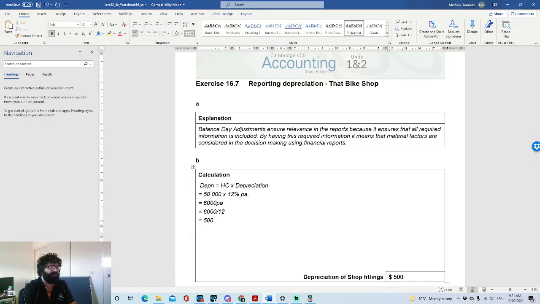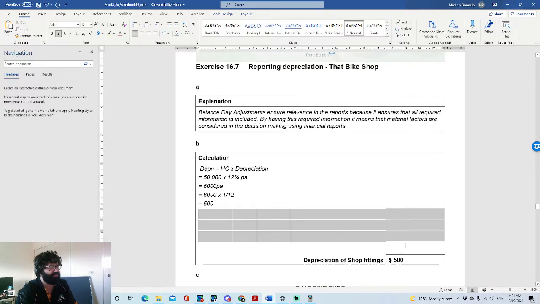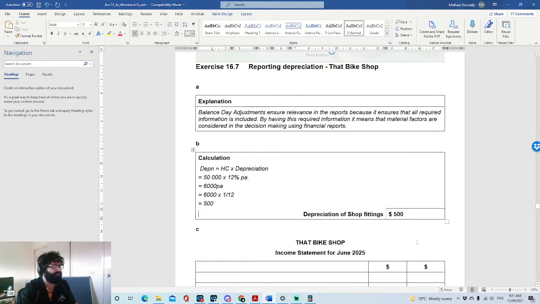Because remember, we've got to do it for 1 month. So it's divided by 1 over 12, or times 1 over 12, or I was a bit lazy, so I just went like that. But you can do it either way. You're still going to get 500, which is sort of the main point.